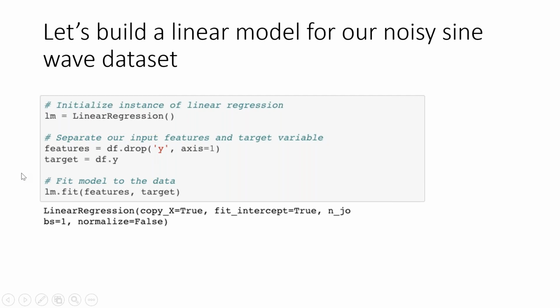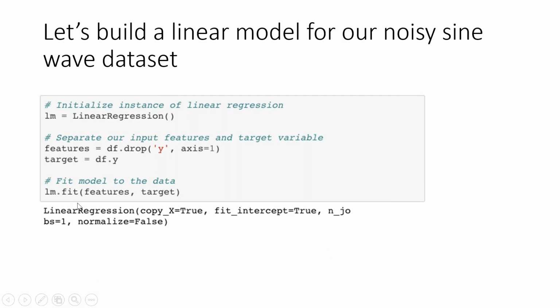Many ways it can be done, but this is a very simple, straightforward way, where I first drop y, the target variable, and equate it to features. If there are 100 x's and 1 y, then by dropping y, the remaining is only input features. Put that into features, and then only y, you call it target, and you have separated it.